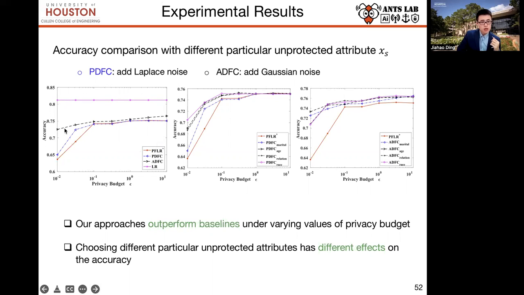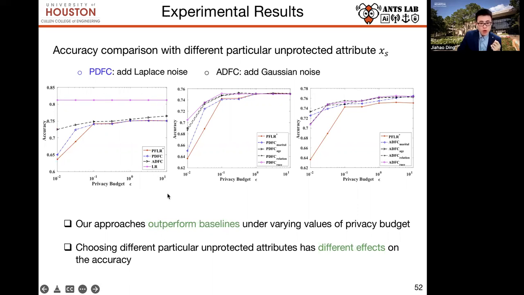This is logistic regression, this is the baseline PFLR-star, and these are our two algorithms. We can see that our ADFC achieves much better accuracy than the baselines over all privacy regions. But PDFC outperforms the baselines when epsilon is small.